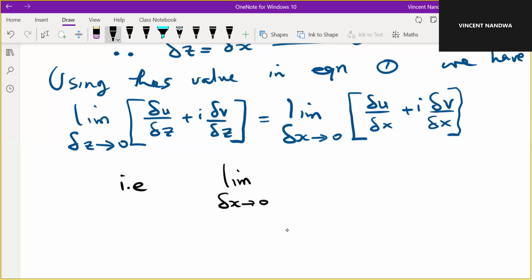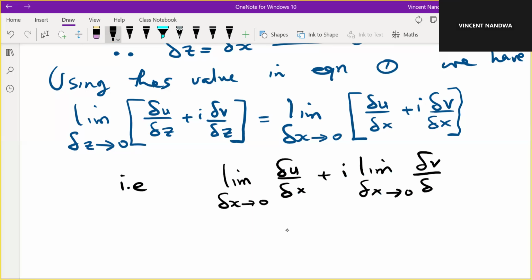This we did the other day. So we have the limit of delta u over delta x plus i times the limit as delta x approaches 0 of delta v over delta x.